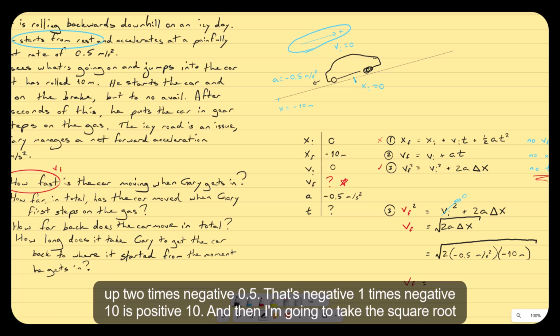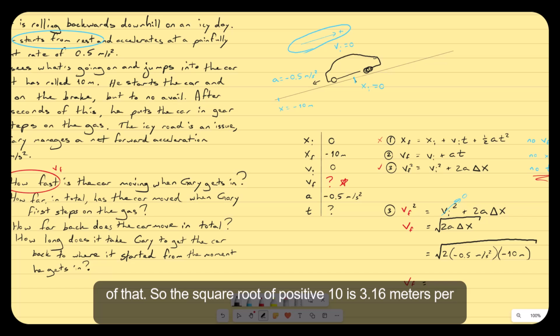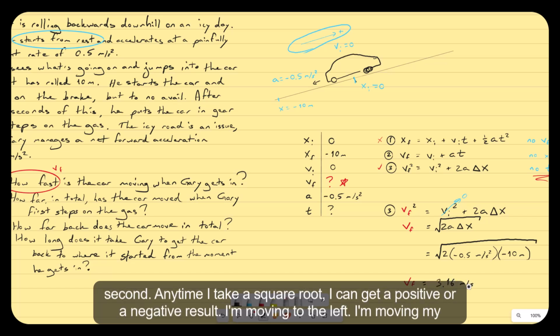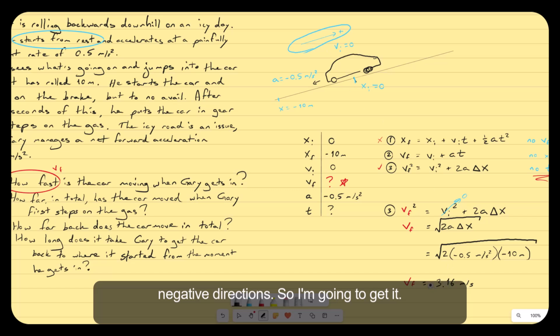The square root of positive 10 is 3.16 meters per second. Anytime I take a square root, I can get a positive or a negative result. I'm moving to the left, in my negative direction, so I get negative 3.16 meters per second. And that answers question 1.